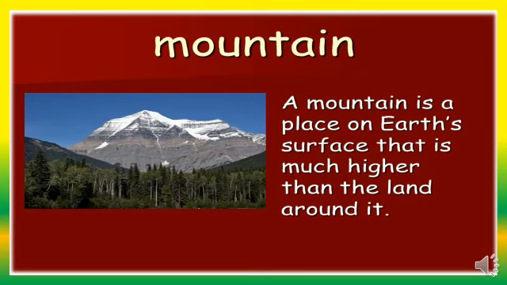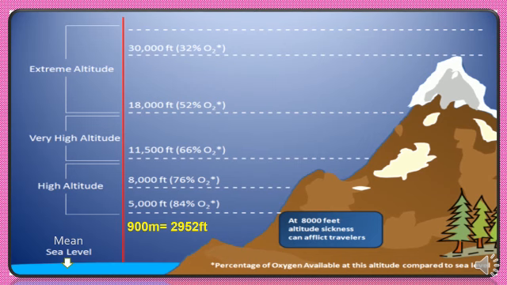As you can see here, a mountain is a place on Earth's surface that is much higher than the land around it. Look at this particular picture, you can see towards the left-hand side a sea level which is shown in blue color. See this one.